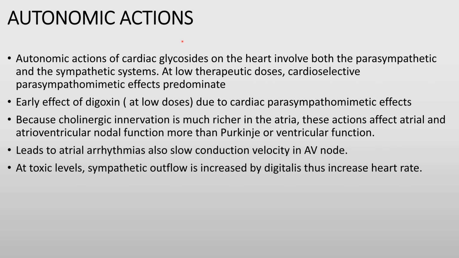Autonomic actions of digoxin. Autonomic actions of cardiac glycosides on the heart involve both the parasympathetic and sympathetic systems. At low therapeutic dose, parasympathetic effects predominate. As cholinergic innervation is much richer in the atria, these actions affect atrial and AV nodal function more than Purkinje or ventricular functions.